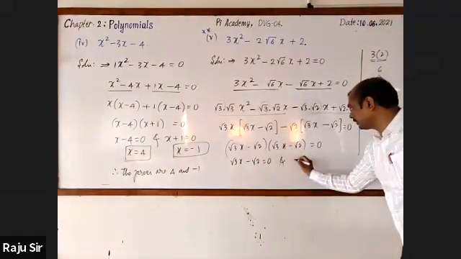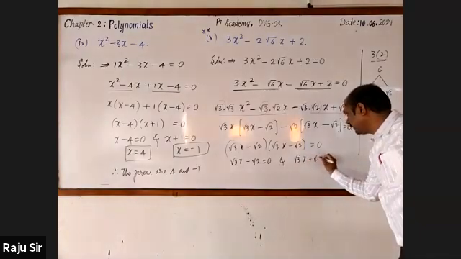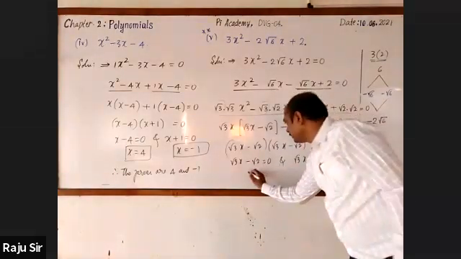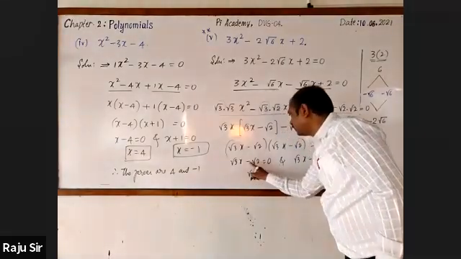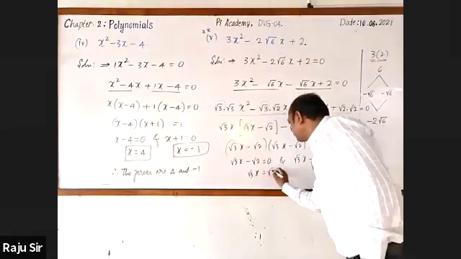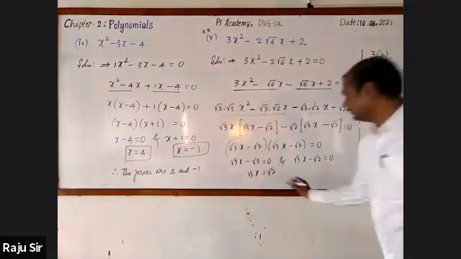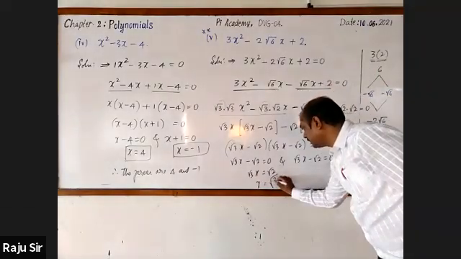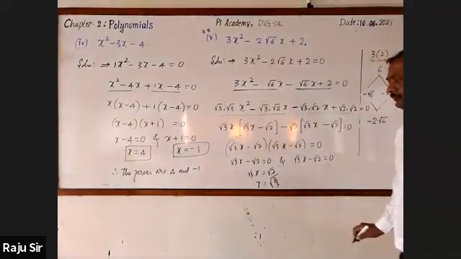And second term, root 3 into x minus root 2 equal to 0. Then write root 3 into x equal to, transfer minus root 2 to the right hand side. It becomes plus root 2. Then x equal to root 2 by root 3.